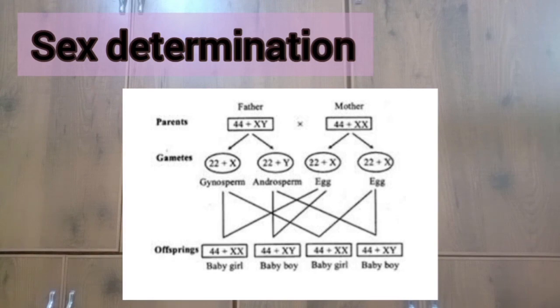Thus, we can rightly say that the probability of having a girl or a boy child is equal. There is a 50-50 chance of having either a male child or a female child.